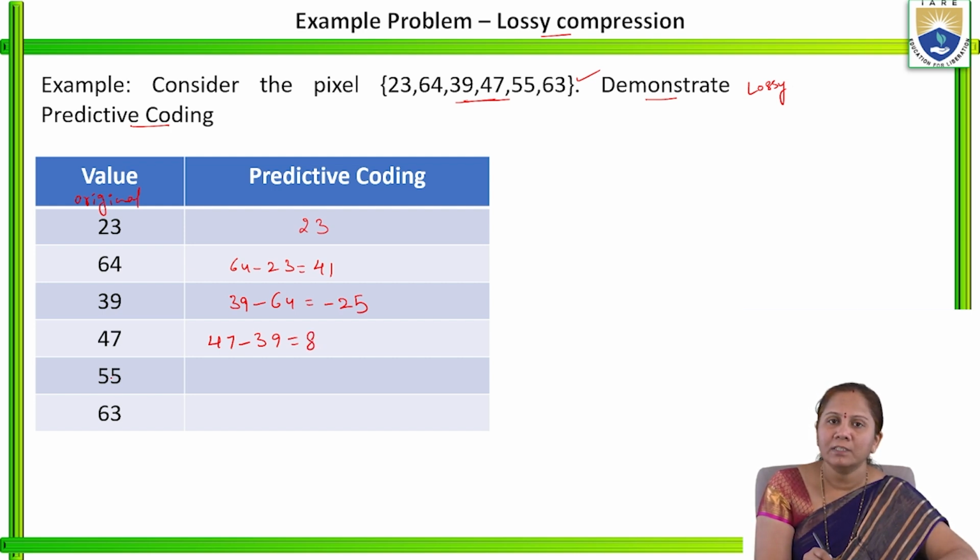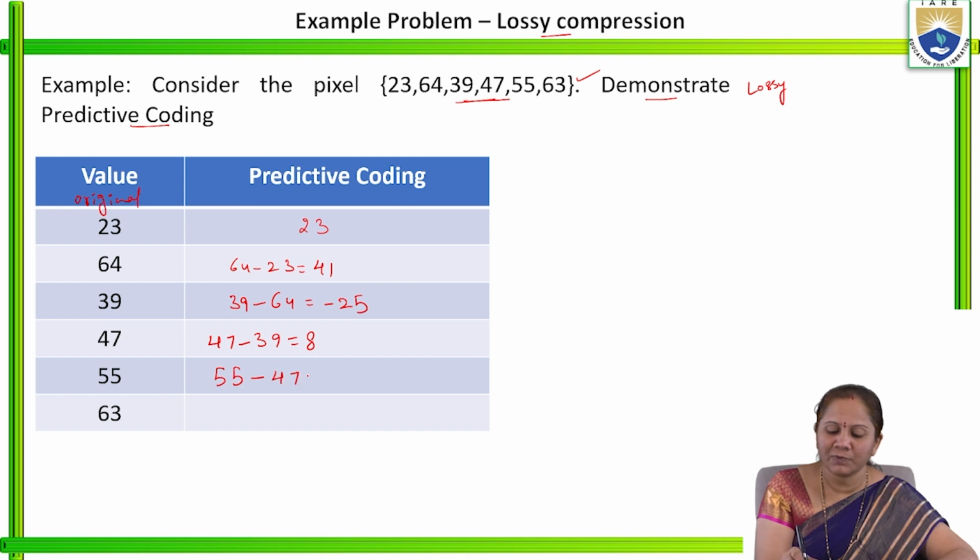And the next one is 55. The present pixel value is 55, the previous one is 47. So 55 minus 47, we will get 8. And the last one, the present pixel value is 63 and the previous one is 55.